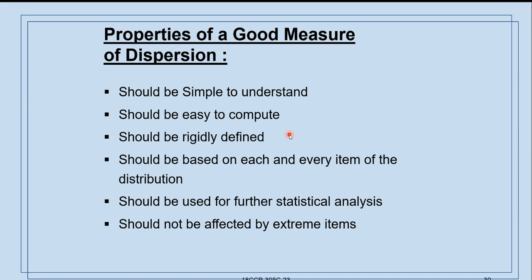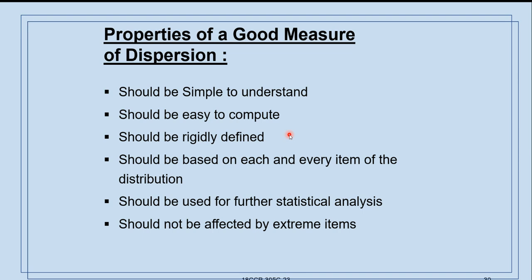They should be rigidly defined, which means you have to use this formula, you have to use it like this. That is called rigidness. Only one point. It should be based on each and every item. In averages, we have seen that they are based on each and every item. In the same way, measures of dispersion should be based on each and every item.